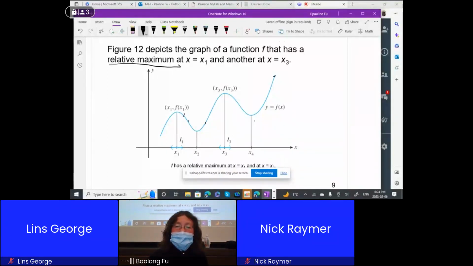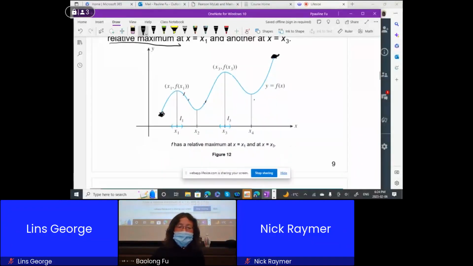It is actually this point. If the graph ends here, this is absolute maximum, right? Which one is absolute minimum? Looks like this one here. This is the smallest point. This is the maximum point.